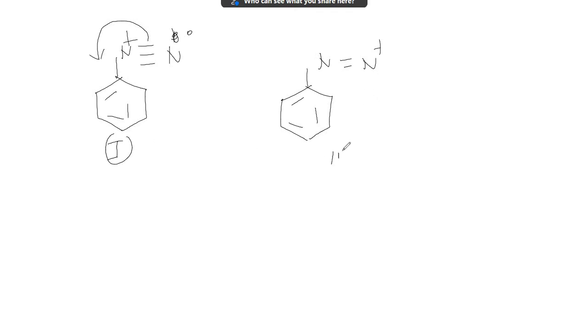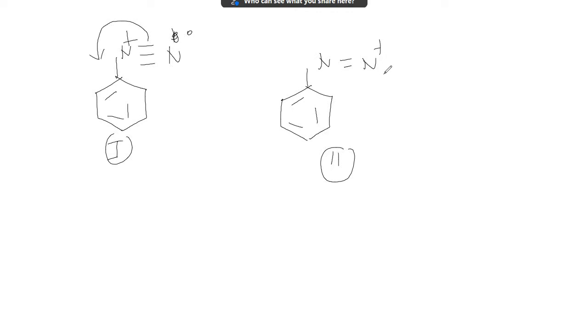N2 plus can be written either this way, or with the positive charge and an unshared pair of electrons here, or if it moves over here, it can be this way also. Now, for substitution reaction, the second resonating structure is more likely, where the terminal nitrogen carries the positive charge.